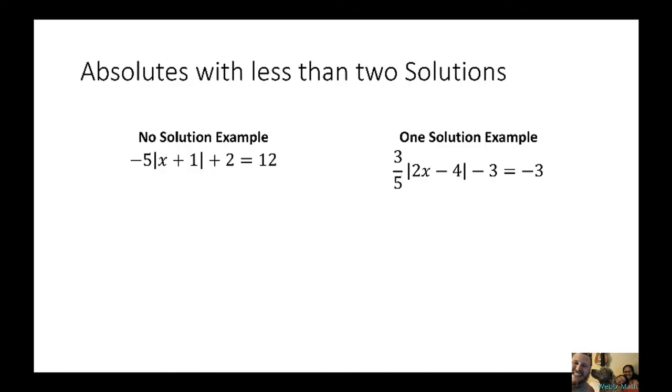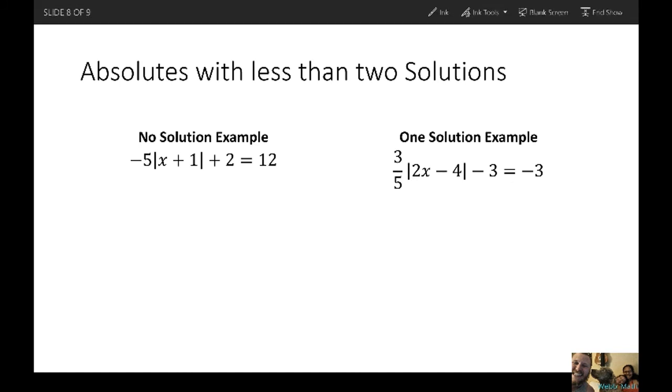All right, now we are going to have some special solutions here. We're going to have no solutions and one solution. Basically absolutes with less than two solutions. So if I go ahead and solve for our example here for no solutions, I will work on getting my absolute value all by himself.